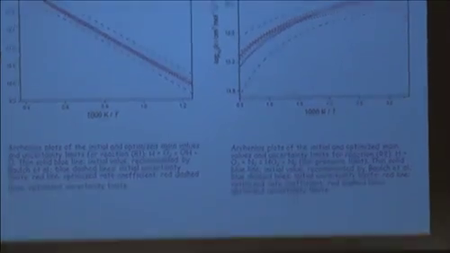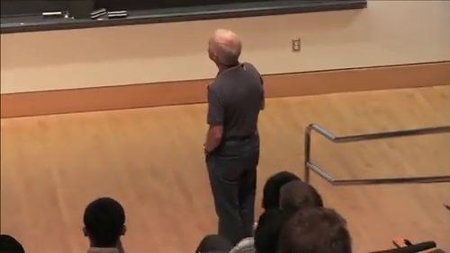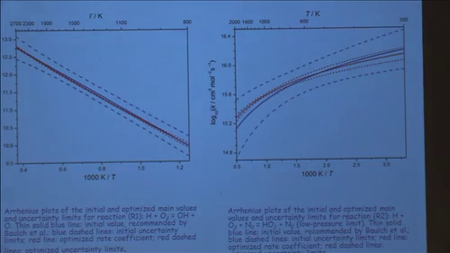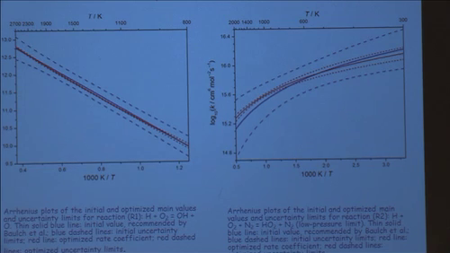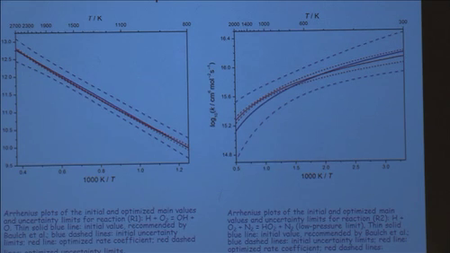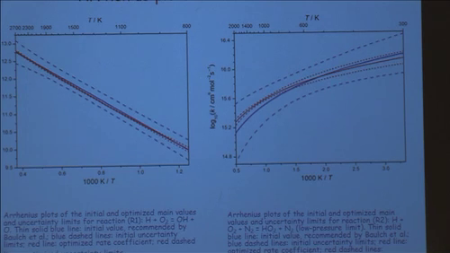It's very close to the original Baulch recommendation. But the dotted lines are the new uncertainties. So that shows you that these uncertainties have been very considerably reduced by using proper statistical analysis and by using both direct and indirect measurements.